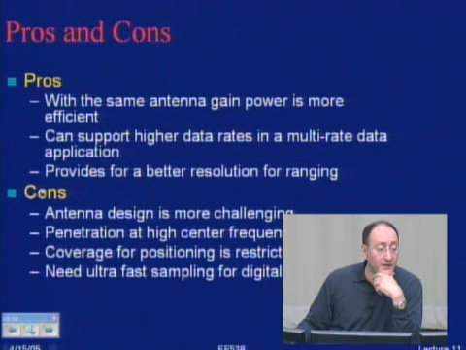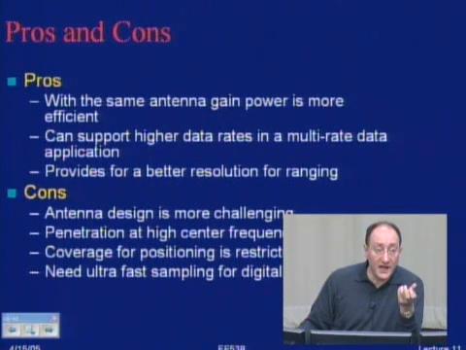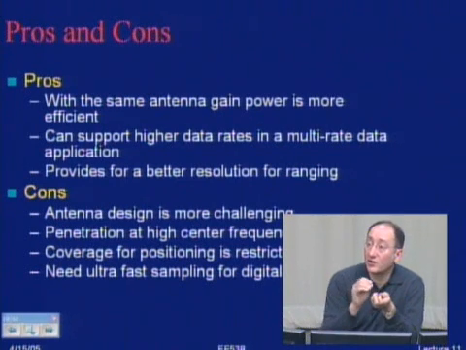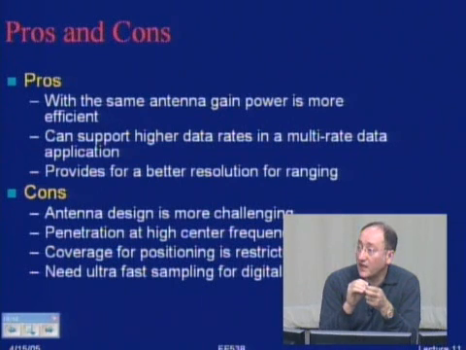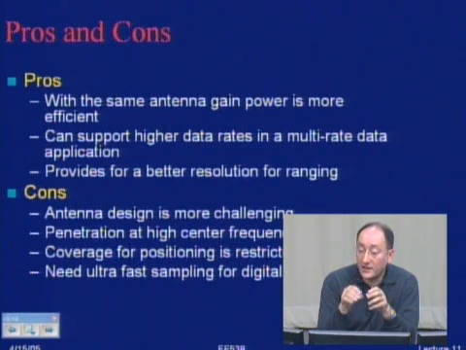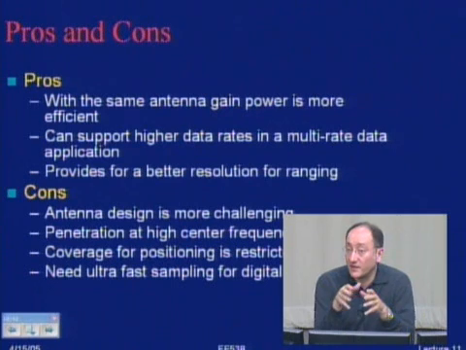And then it provides better resolution and ranging, because the wider the bandwidth, the narrower the pulses, and I'm resolving more of the multipath. And if I resolve the multipath better, I will have better positioning. In addition to that, that's in a multipath environment.